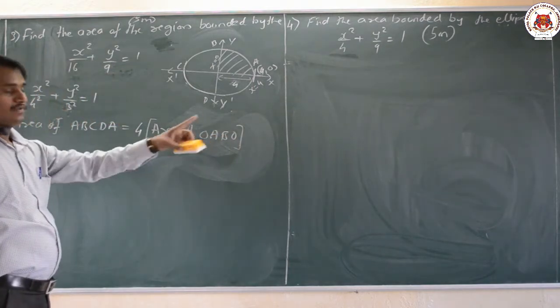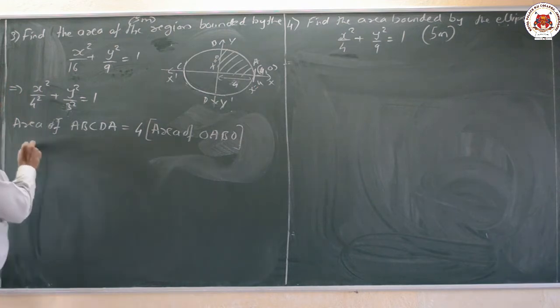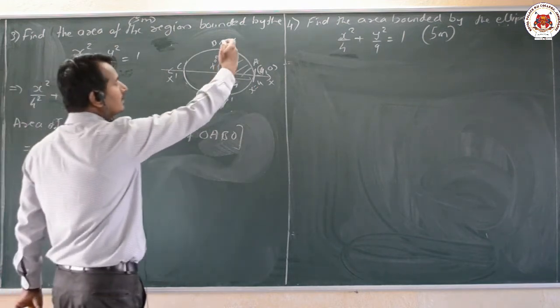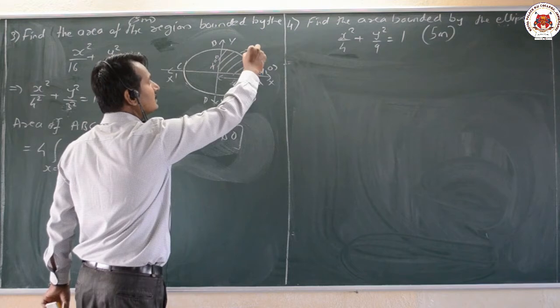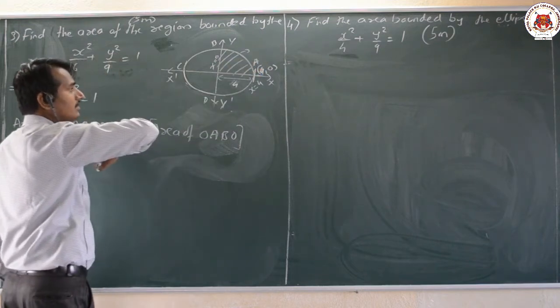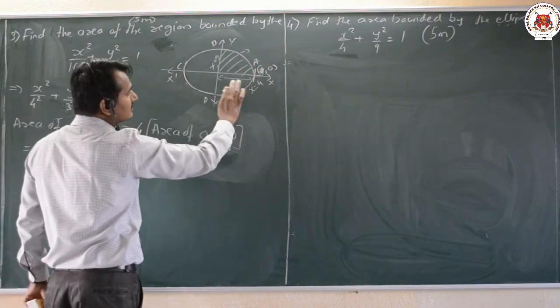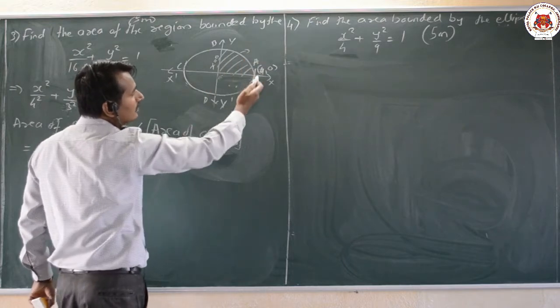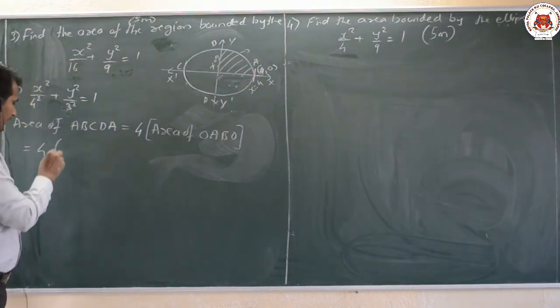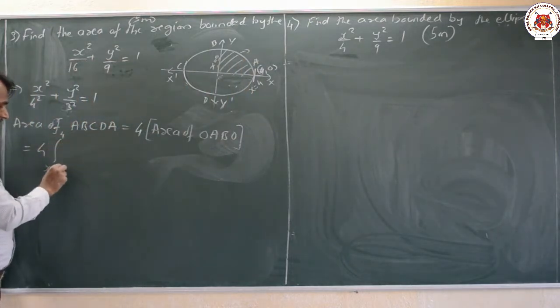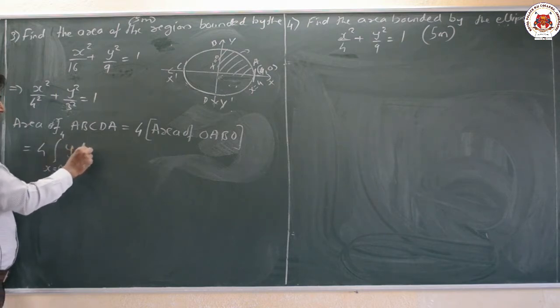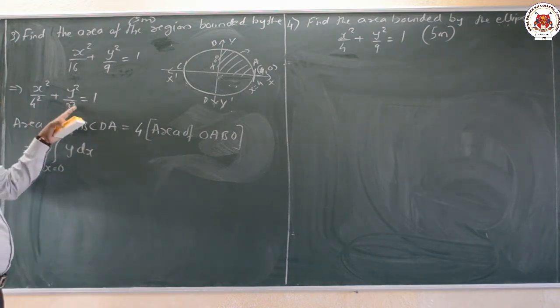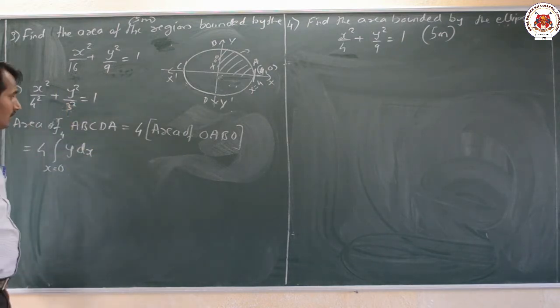Now we require to find the area of OABO, which is equal to 4 into the integral, with respect to this curve with the x axis and the lines x equal to 0 and x equal to 4. That means the integral is from x equal to 0 to x equal to 4 of y dx. From this particular equation I require to find the y value.